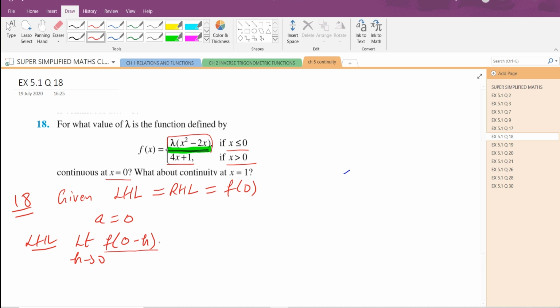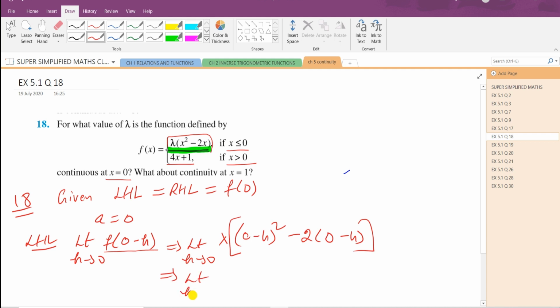So we get limit h tends to 0 lambda into (0 minus h) whole square minus 2 times (0 minus h), which comes out to be limit h tends to 0. Now let us simplify the expression. This is h square, since 0 minus h squared is h square, minus 2 into minus h, that is plus 2h. Now we substitute h to be 0, so this becomes lambda into 0 and that comes out to be 0.